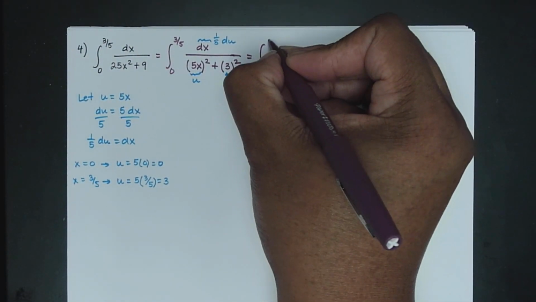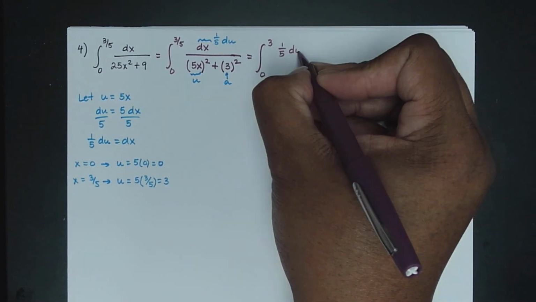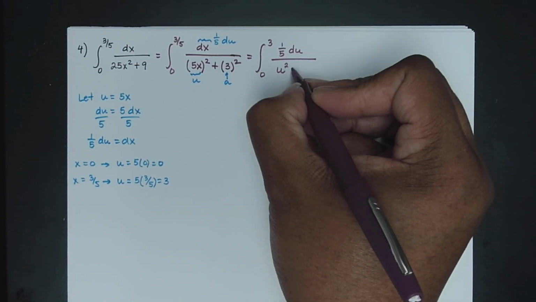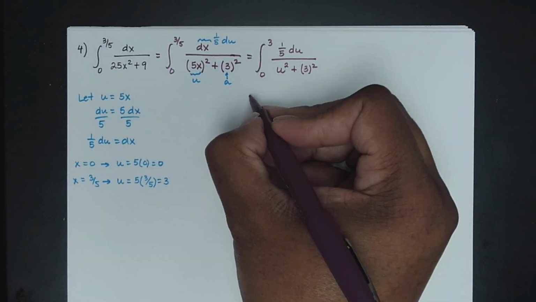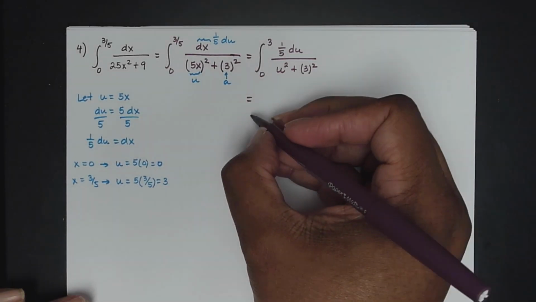Integral from 0 to 3 of 1/5 du divided by u squared plus, and I'll leave this as 3 squared. Okay, now let's pull the 1/5 on the outside.